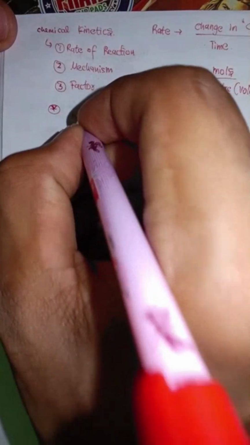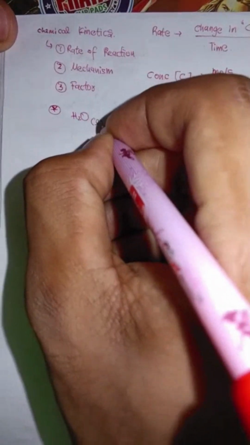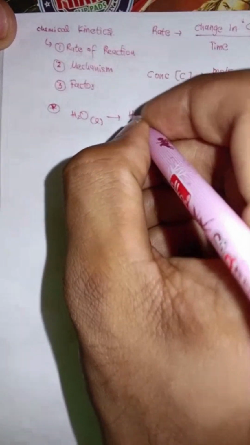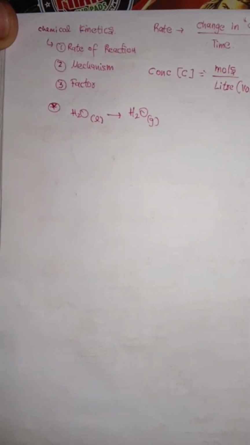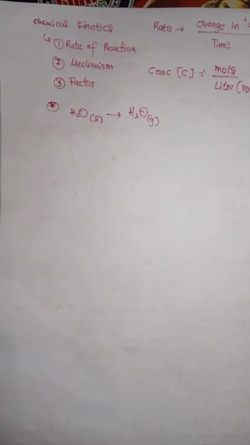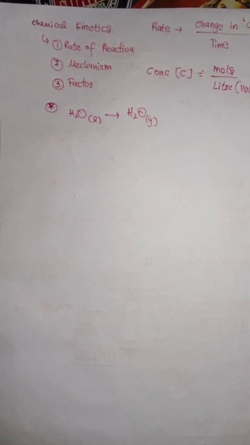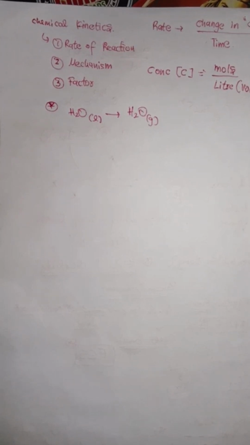The first one is that when a liquid like H2O turns into another phase, it's not considered to be a chemical reaction because it's just a phase transition. There is no bond breaking or bond formation here, so it's not considered a chemical reaction.